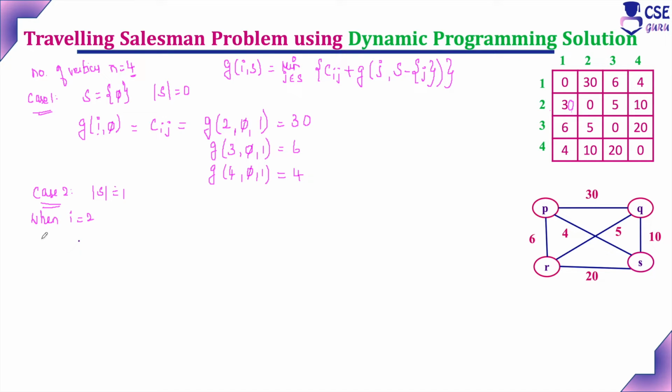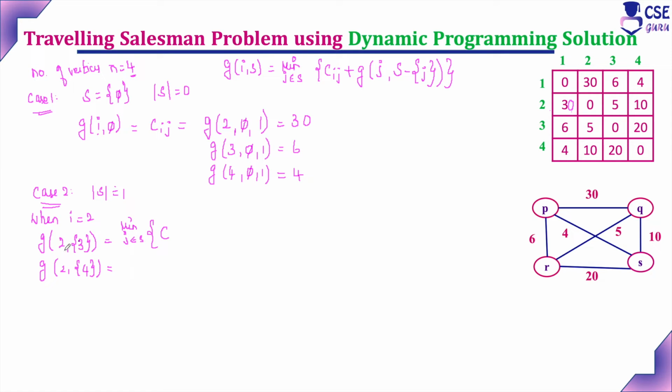The choices may be G of 2 comma 3. That is, after visiting the second city, he can visit city number 3. Otherwise, 2 comma 4. After visiting the second city, the choice may be the fourth city. That is the meaning. Okay. So implement this function. That is minimum of J belongs to S, Cij.